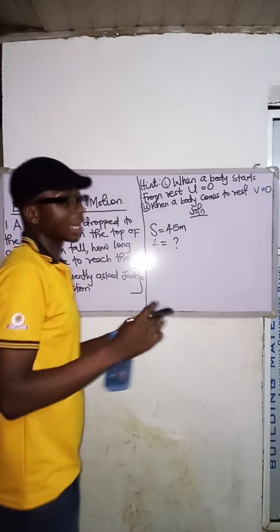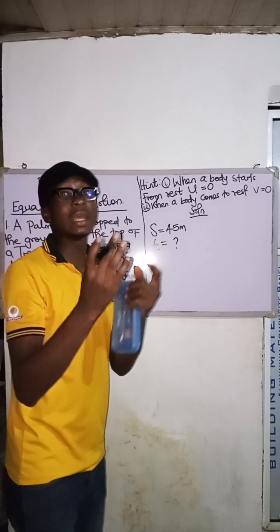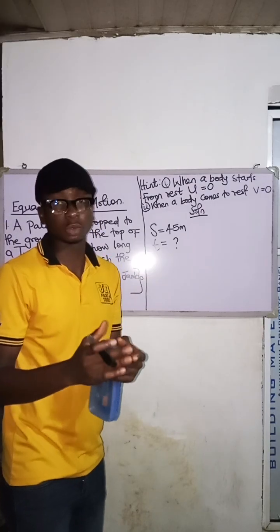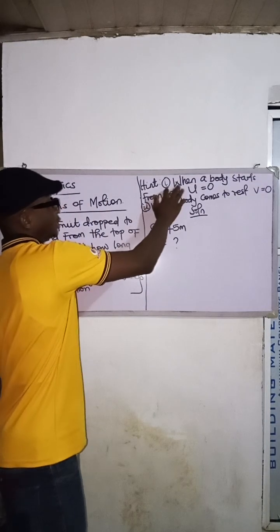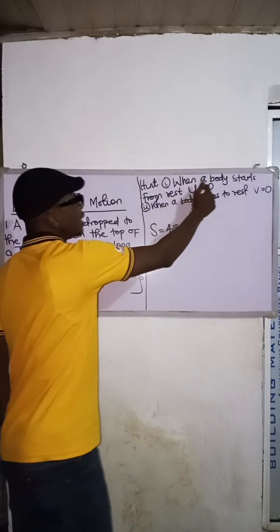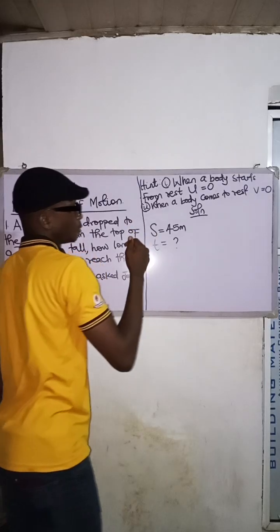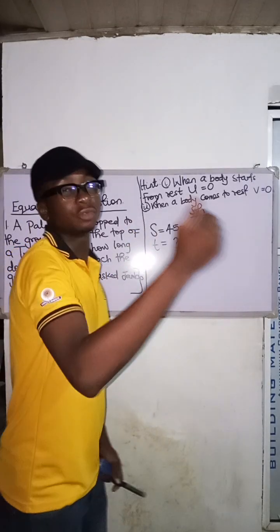Now, there is a hack, or a hint, that we use to solve questions on equation of motion. Now, look at the hint. The first is when a body starts from rest, U is equal to 0. What do we mean by a body starting from rest?